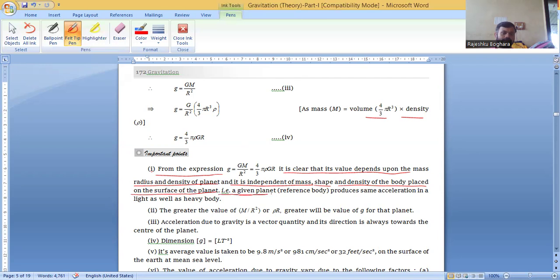That is, a given planet produces the same acceleration in a light as well as a heavy body. Okay, so for all, g is constant. The greater the value of M upon R square or rho into R, the greater will be the value of g for the planet.